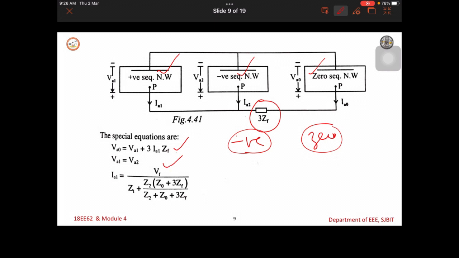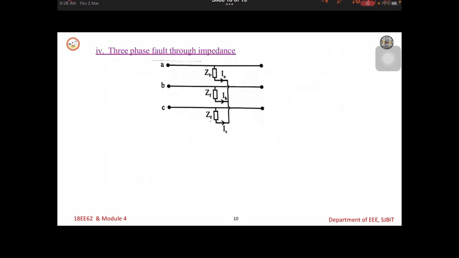So, you can get the expression for IA0. 3 times IA0 will be the fault current. So, IA0 will be this. This is how one can find the sequence network for a double line to ground fault with fault impedance.